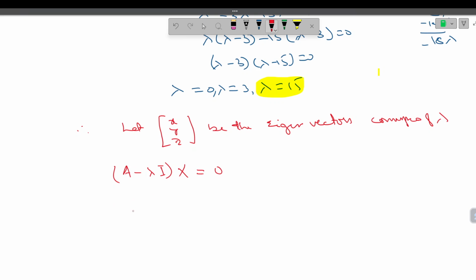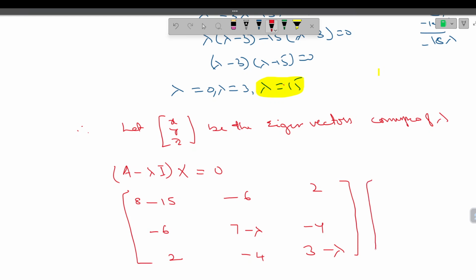So what is our A minus lambda I? 8 minus 15, since the eigenvalue is 15. Minus 6, 2, minus 6, 7 minus lambda, minus 4, 2, minus 4, 3 minus lambda, times X, Y, Z equal to 0.